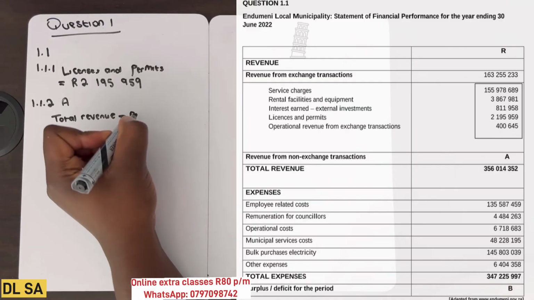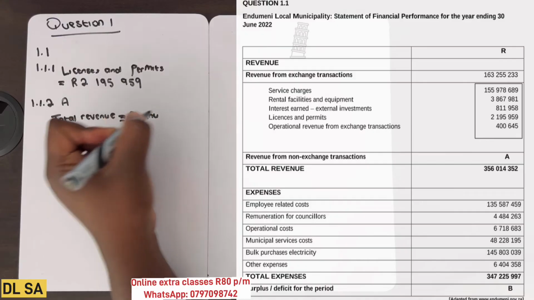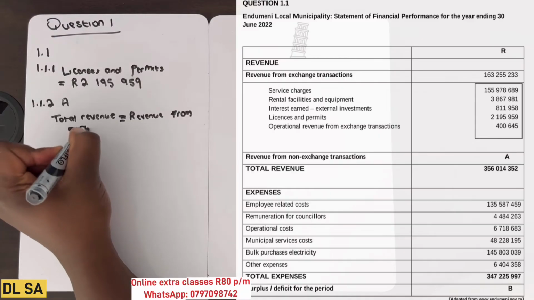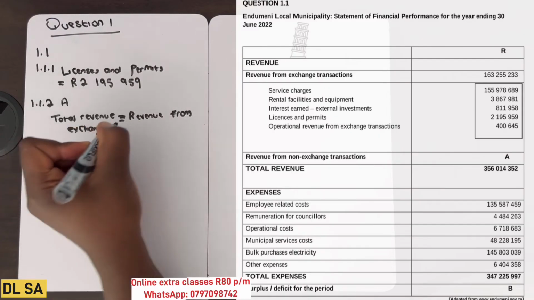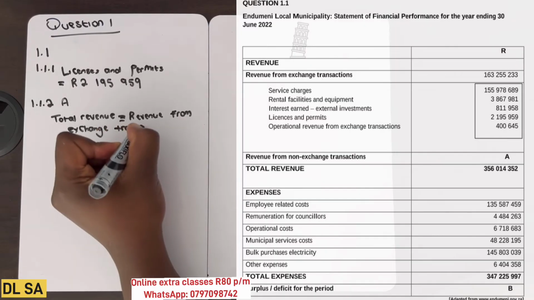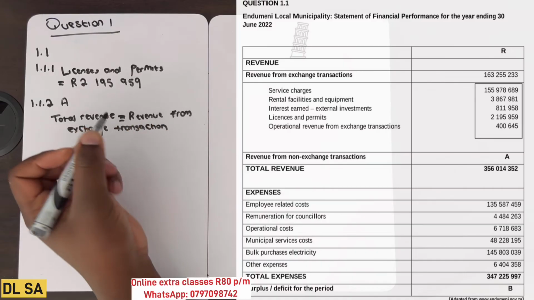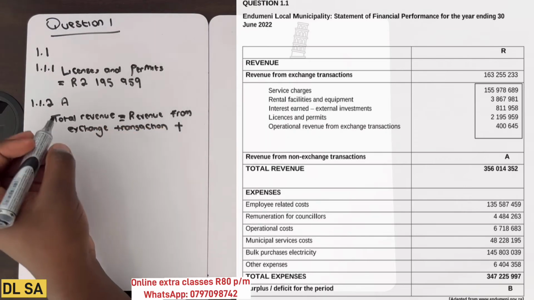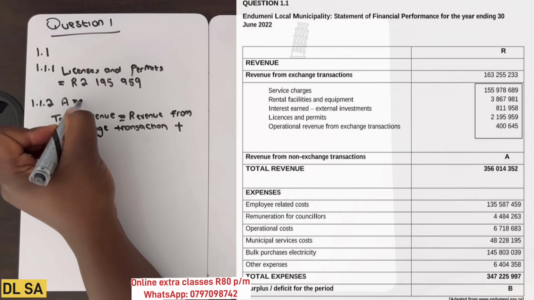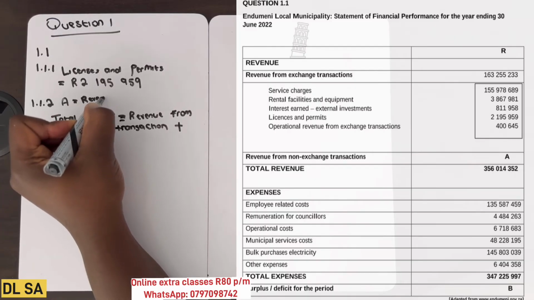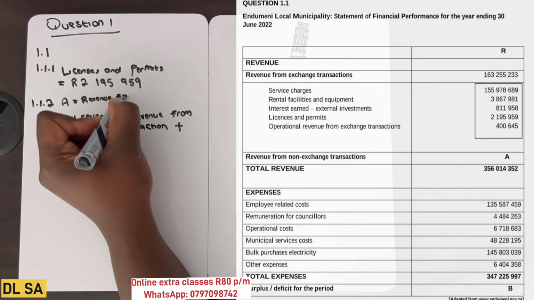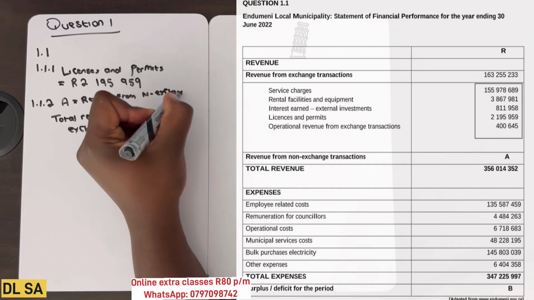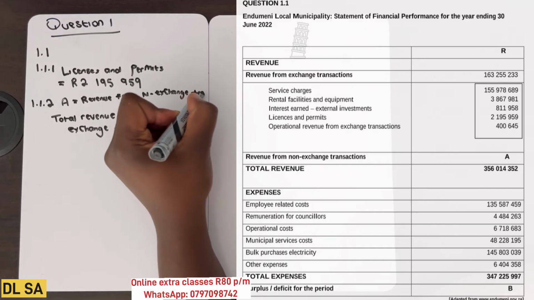revenue from exchange transactions plus revenue from non-exchange transactions, which is A. So A is equal to revenue from non-exchange transactions.